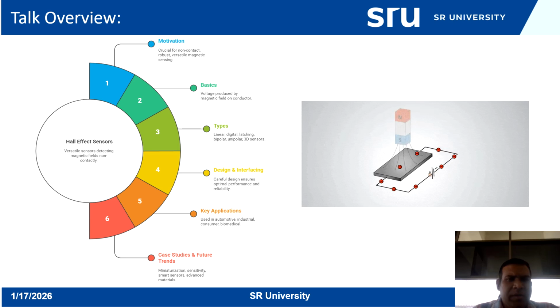After that, I will discuss the types of Hall effect sensors. After that, the interfacing and design considerations. After that, applications across industries. After that, I will discuss the case studies and future trends. And finally, a few questions and answer session.